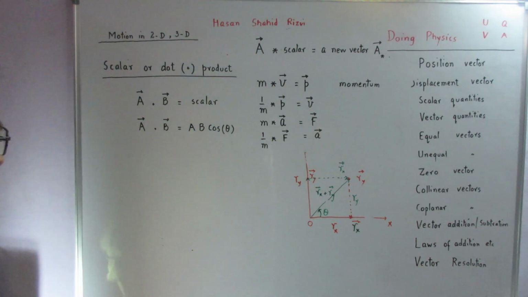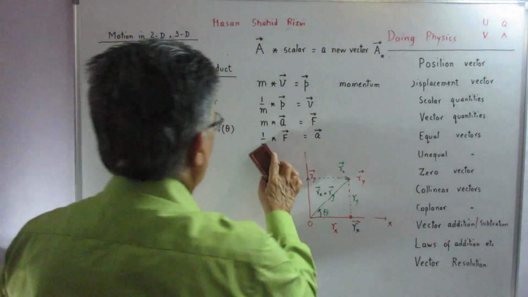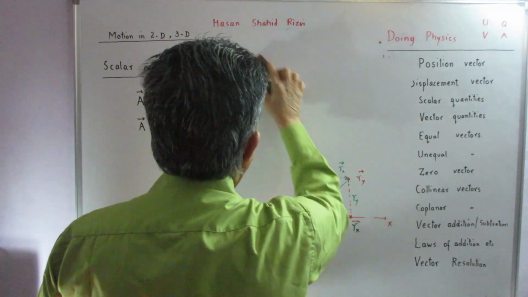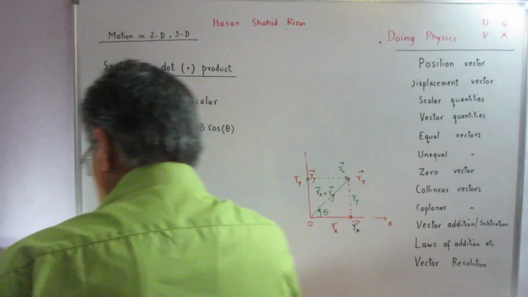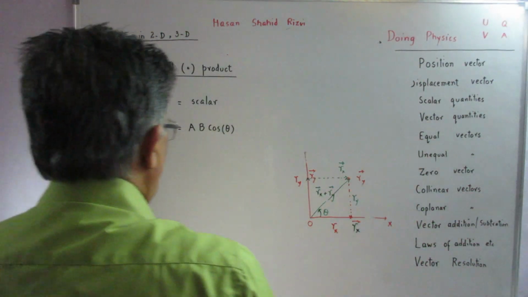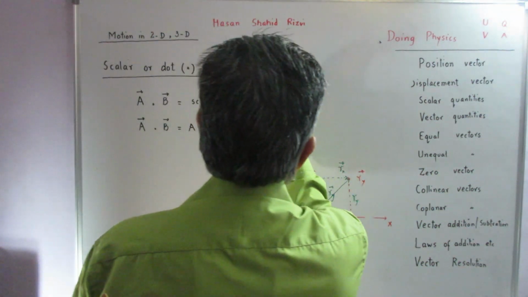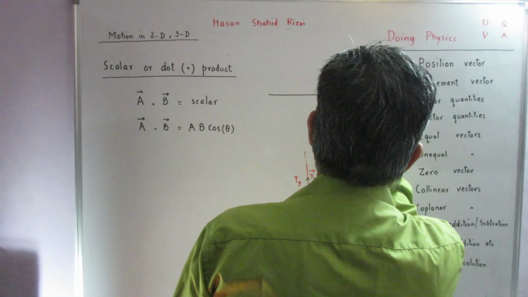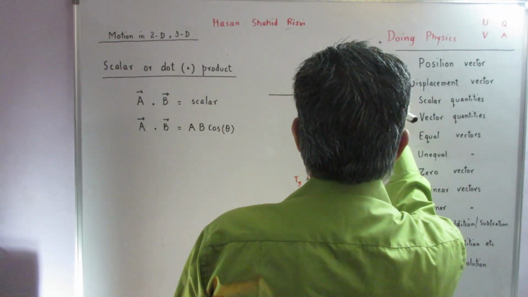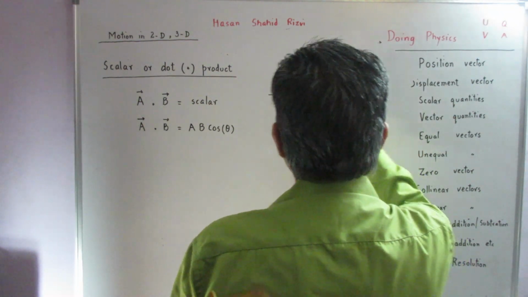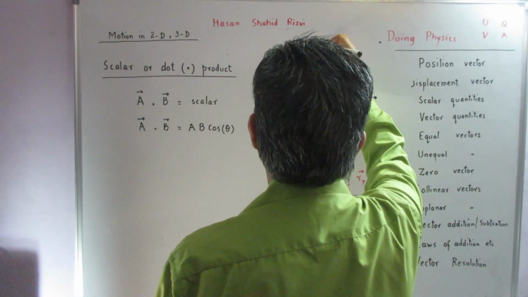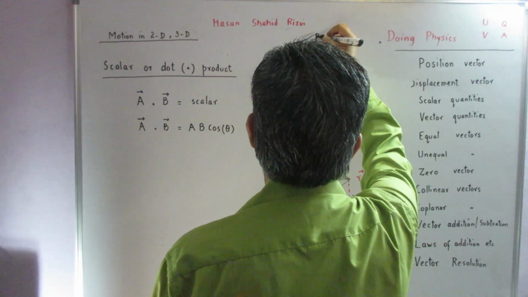Now I'll tell you a bit more, using again what I drew before, just two lines. I'm drawing a vector A, and with a positive angle I draw the other vector, vector B.